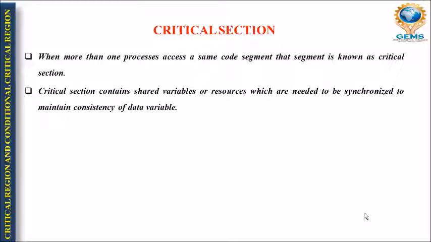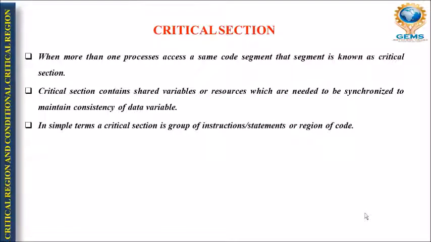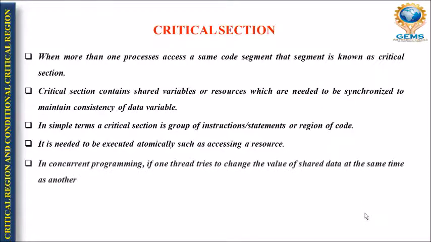That means when two processes are going to share the same region, the state must be consistent. It should not go into an inconsistent state. In simple terms, critical section is a group of instructions or statements, a region of code, that needs to be executed atomically, such as accessing a resource.